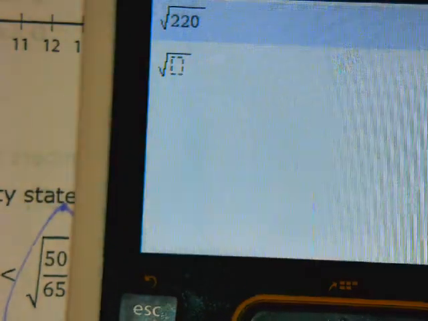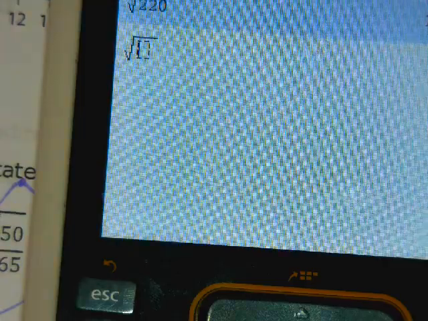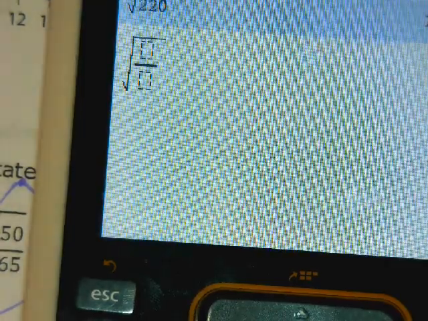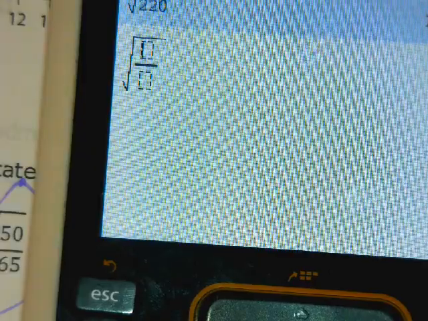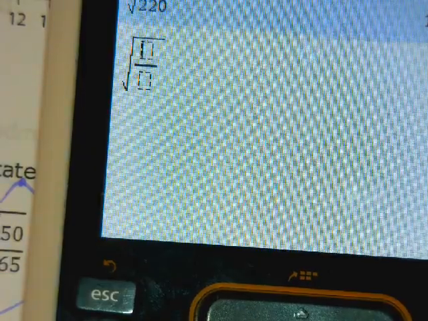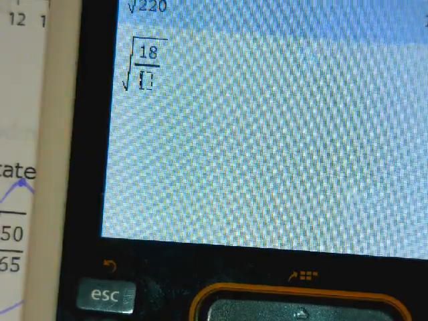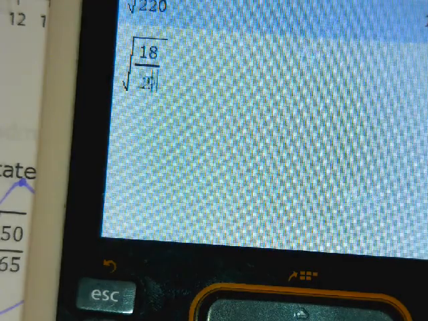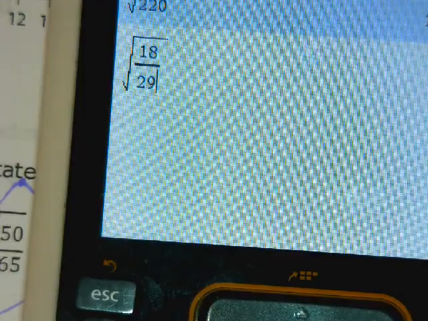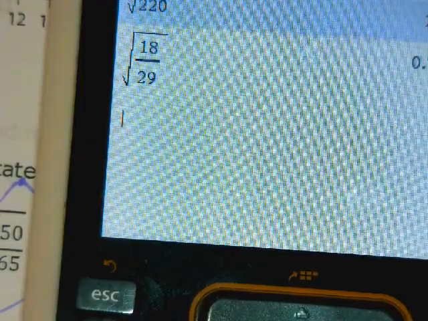I'm going to open up the square root. Then you want to hit Control Divide, and that gives you the option to put a fraction inside of a square root. And so here we would just do 18 and then 29.